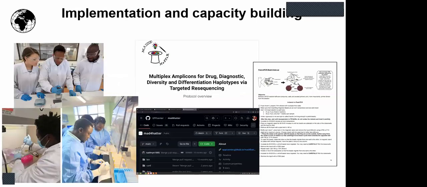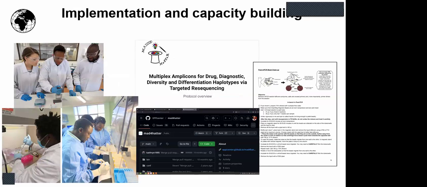And we're also doing a lot of capacity building where different experts go in different countries to try to see how the panel is being implemented. As you can see the photos there for the different labs, they're trying to implement the panel and going through training.